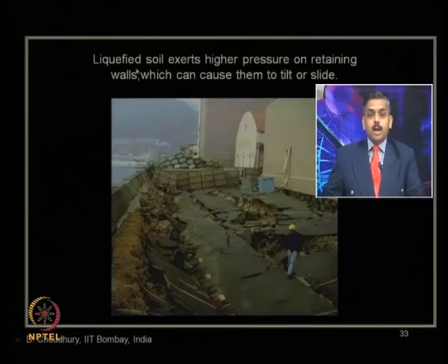So, for that the lateral pressure coefficient will be 1, which is much more than the active earth pressure coefficient considered for the design of any retaining wall. So, automatically the liquefied soil starts exerting much higher pressure on the retaining wall, which can finally cause the wall to tilt or slide if it is not designed properly to withstand that amount of lateral thrust from the liquefied soil. So, this is the picture of a retaining wall failure after soil liquefaction.